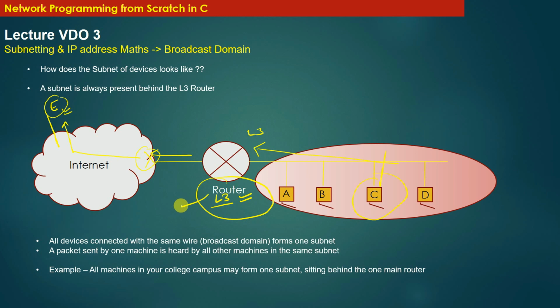So the L3 router is used only for L3 routing, that is, taking the data from one subnet to another subnet. And when the communicating machines belong to the same subnet, then there is no role of the L3 router in taking the traffic from the source machine to the destination machine which belongs to the same subnet.